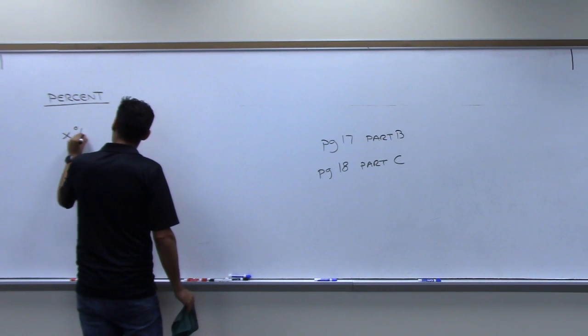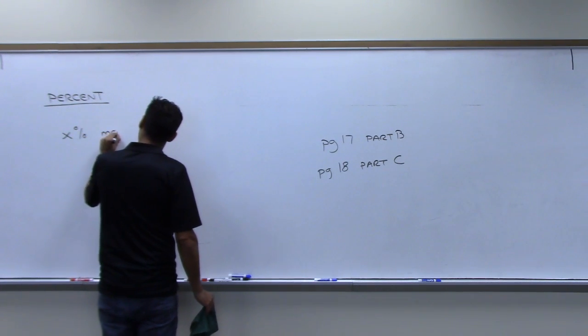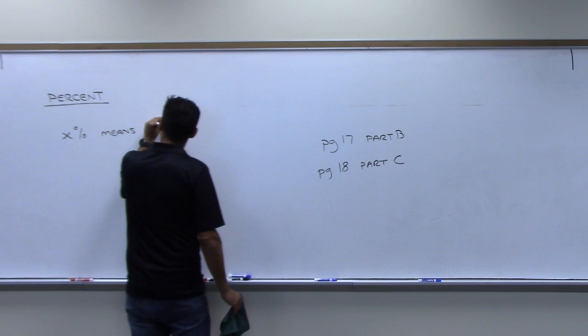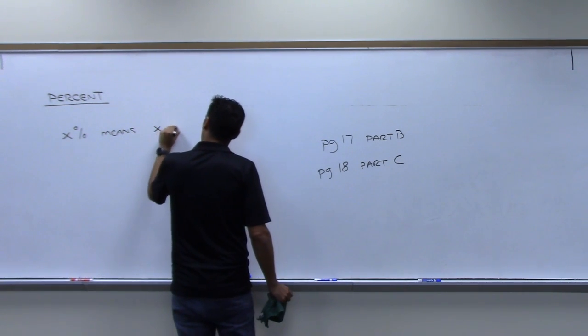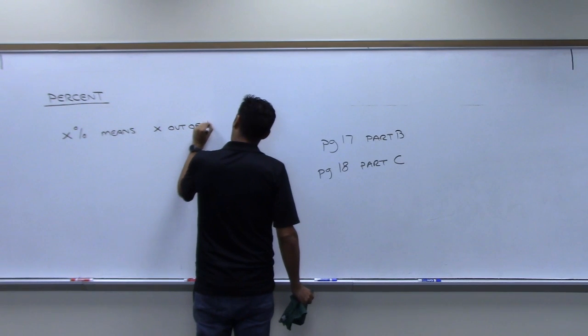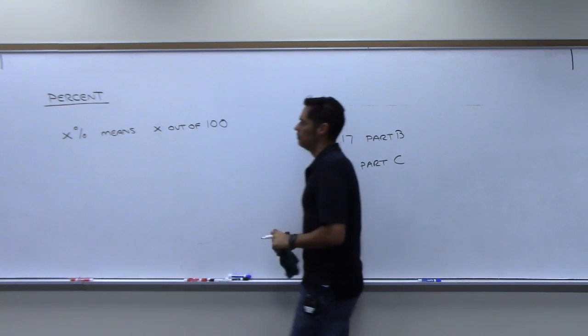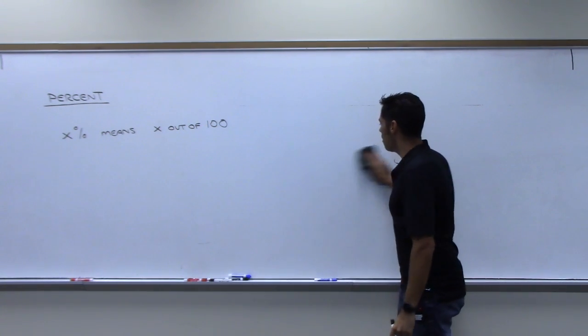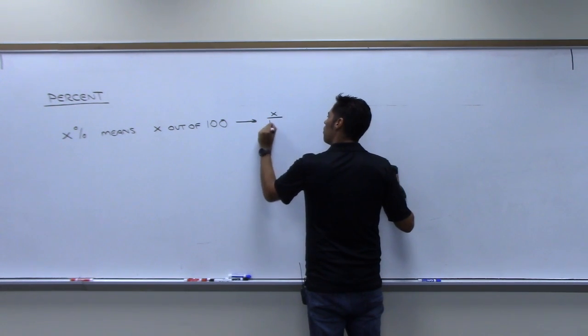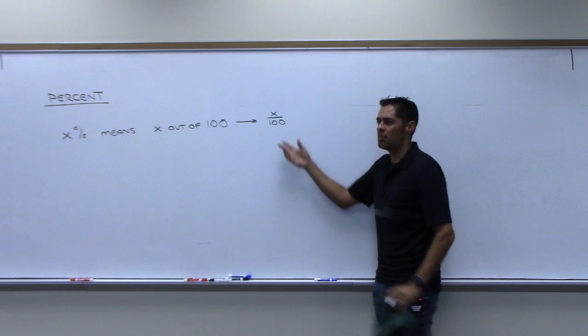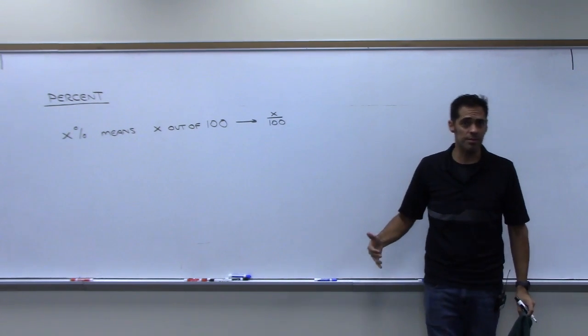X percent means X out of 100. Another way you could write this is X over 100, which will get us more into next class when we talk about what are called proportions.